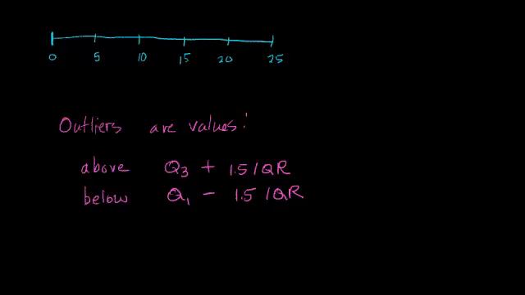And recall that the IQR, that's the interquartile range, is the difference between Q3 and Q1. And in our problem, Q3 was 12.5 and Q1 was 2.5. So the IQR would be 10.